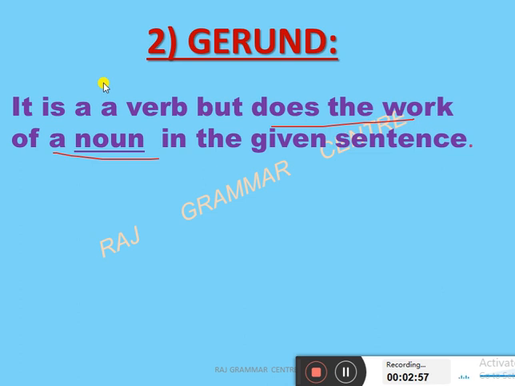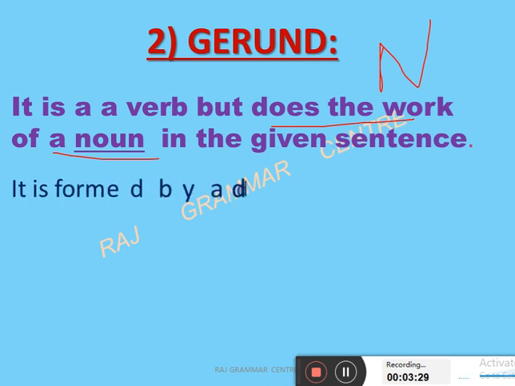An adjective always comes near the noun, mostly before the noun. Like, I saw a boy; I saw an intelligent boy. So what is intelligent here? Adjective. So keep in mind that the participle was used in the place of an adjective, and here we use it in the place of a noun.